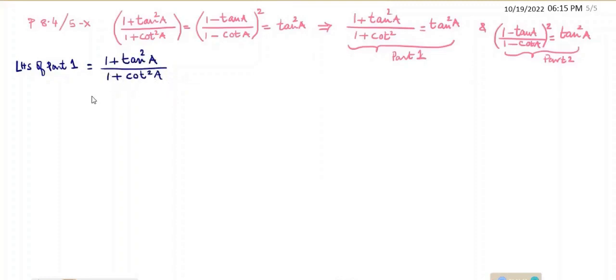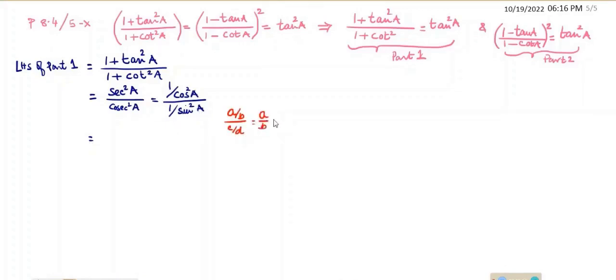So 1 plus tan square A divided by 1 plus cot square A. 1 plus tan square A is equal to sec square A and 1 plus cot square A is equal to cosec square A. We know that cos and sec are reciprocal. Similarly, sin and cosec are reciprocal. This is now a division of fraction by fraction.